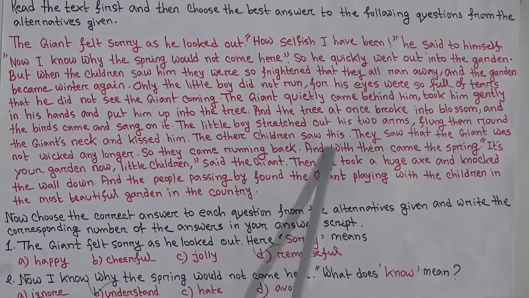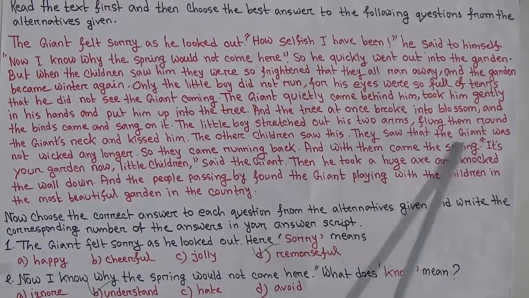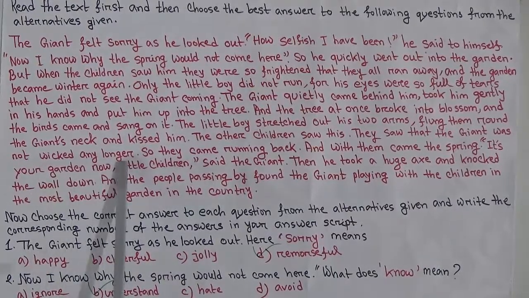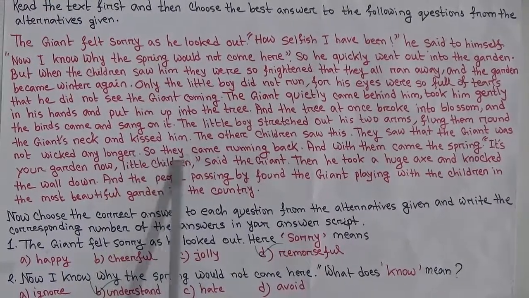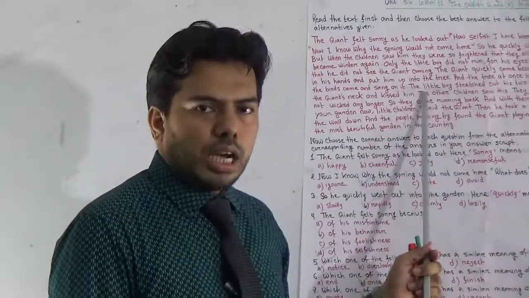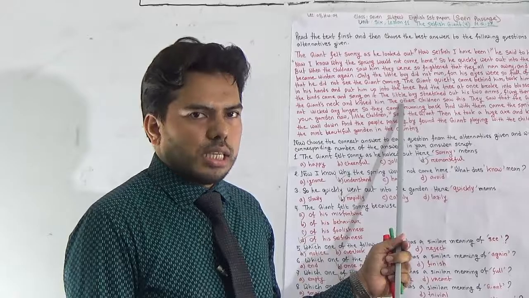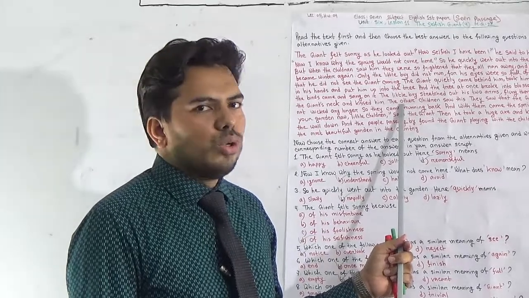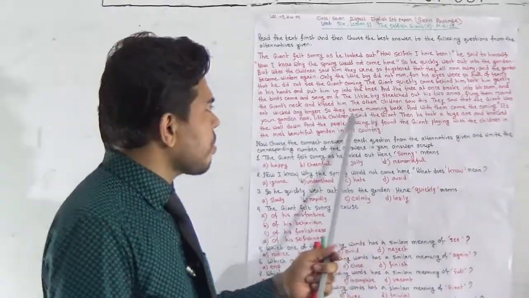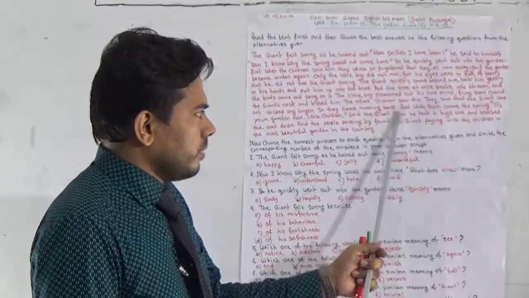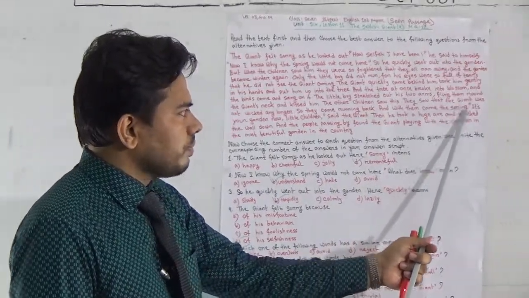The other children saw this. They saw that the giant was not wicked any longer. Some change had happened in the giant's character, and the other children realized that he is no longer a bad person now. So they came running back, and with them came the spring.